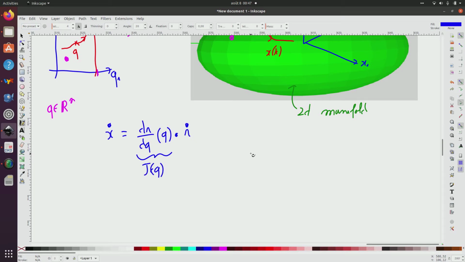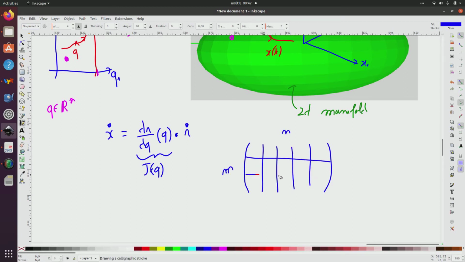So the Jacobian matrix, let's recall that I have n rows and m columns, and if I take an element here, this element will be the derivative of r i with respect to q j, like this.